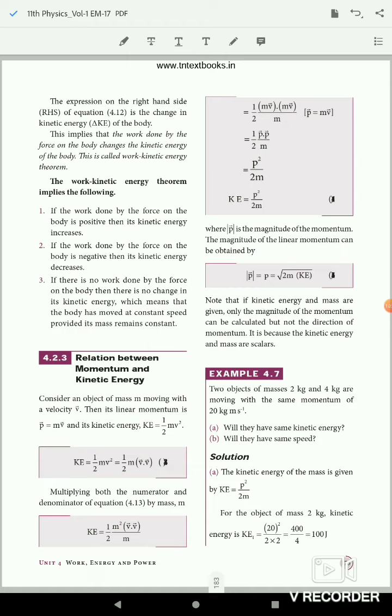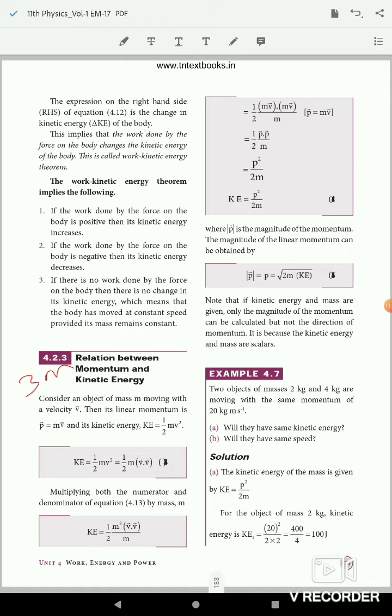Then next topic, relation between momentum and kinetic energy. This is also a 3 mark question. Consider an object of mass m moving with a velocity v vector. Then its linear momentum is p vector equal to m v vector, and its kinetic energy Ke is equal to half m v square.